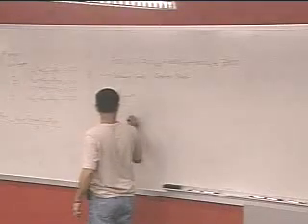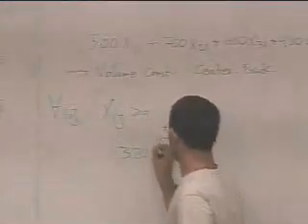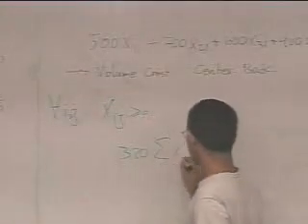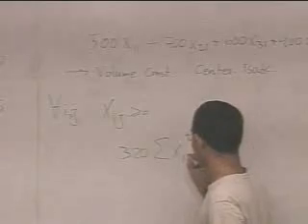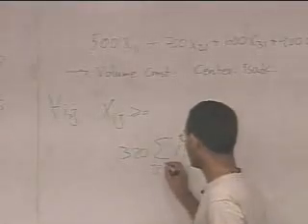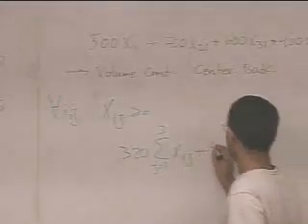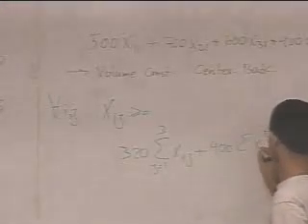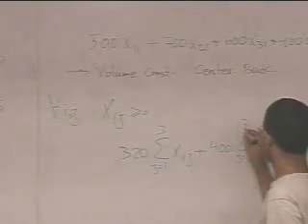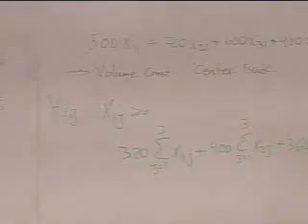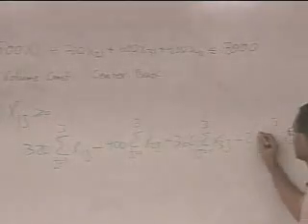Sorry, 320 into, bracket open, okay, I write it as sigma, x1j, j is from 1 to 3, plus 400 sigma x2j, j from 1 to 3, plus how much? 360. 360 sigma x3j, j from 1 to 3, plus 290 sigma x4j, j from 1 to 3. And maximize or minimize? Maximize.